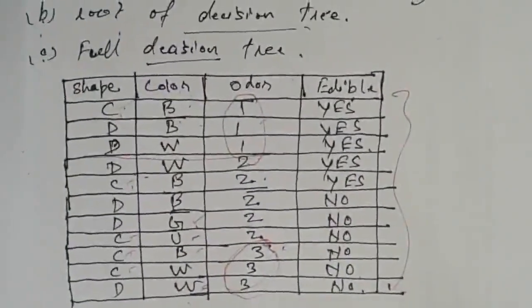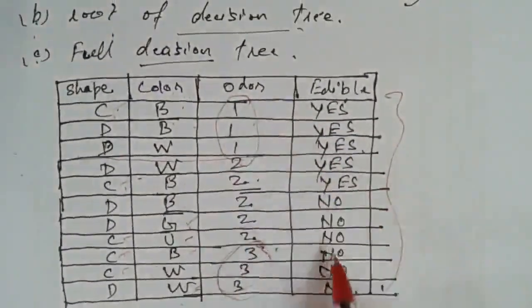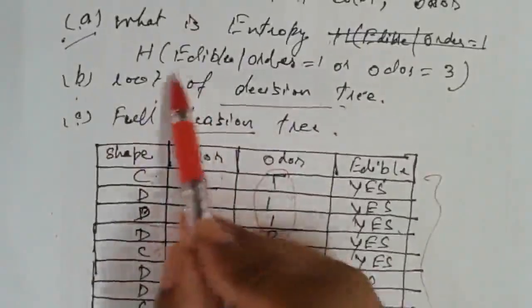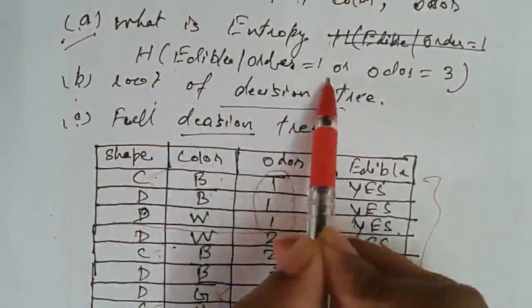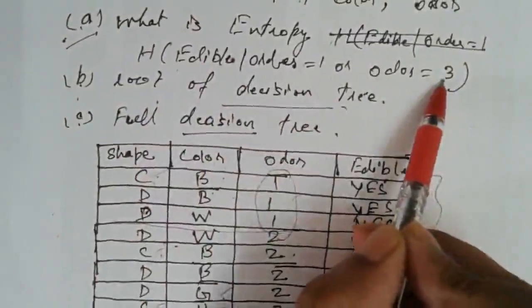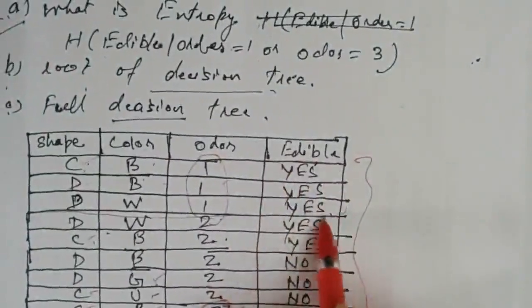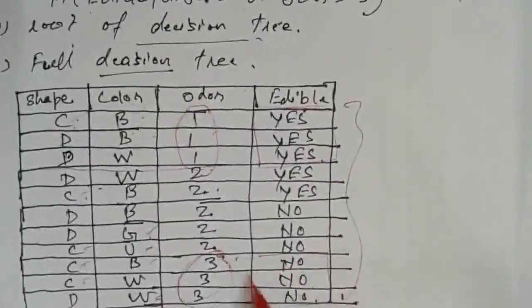Then we have to find the entropy of H edible given that order is 1 or order is 3. So our reduced decision tree is these values.